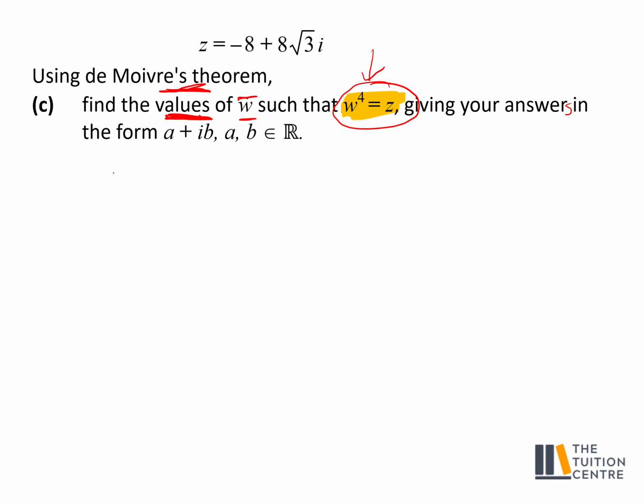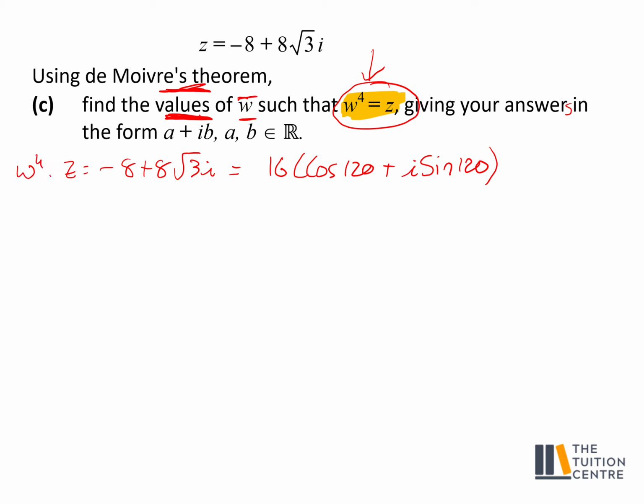Now, I'm going to write this firstly out in degrees, and then we can do it in radians. So we know that we had minus 8 plus 8 root 3 i was equal to 16 times the cos of 120 plus i sine of 120. That's what z was equal to, and we know that w to the power of 4 is equal to z.